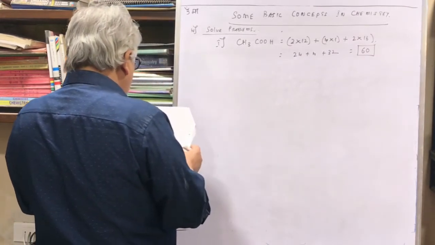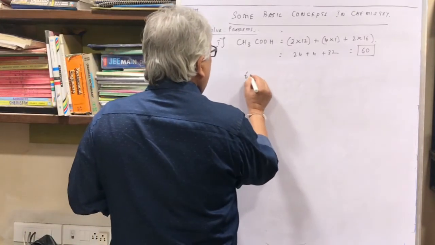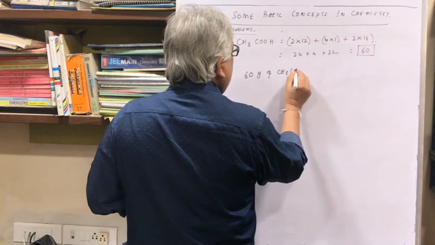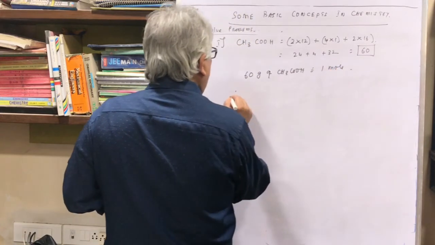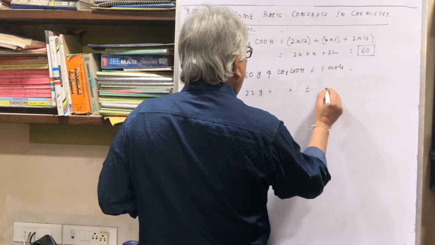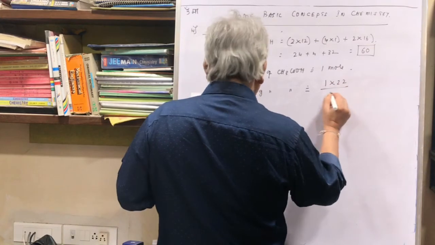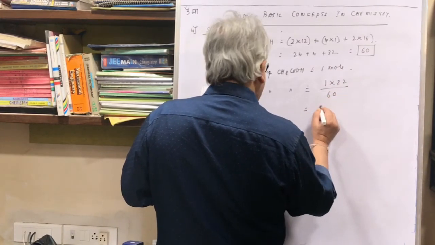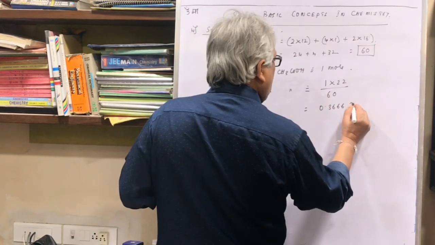So my point is, I'll say 60 gram of acetic acid CH3COOH corresponds to 1 mole. So therefore 22 gram of acetic acid corresponds to 1 into 22 upon 60, and this value comes to 0.366 moles.